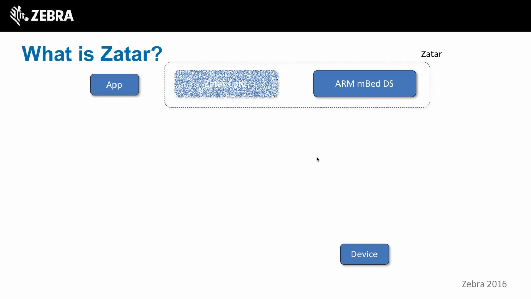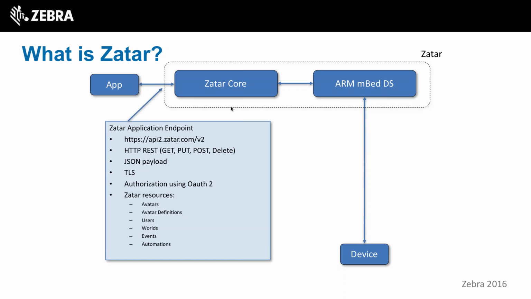All right. So another couple of pictures, a high level view of Zatar to give you an idea of what's going on inside. There are two major components inside Zatar. One is what we call the Zatar core, and that's the part that actually takes the device data, understands the avatar, consumes the avatar definition, and abstracts everything away to this homogeneous REST API. There's the endpoint.